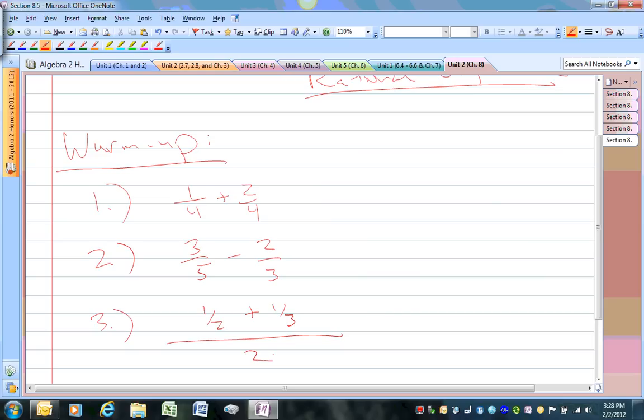So I suggest you probably pause the video, try these 3 problems, and then play the video and see if you get the same thing.